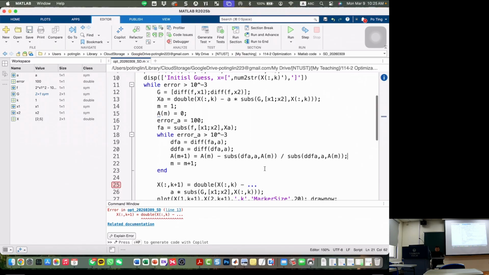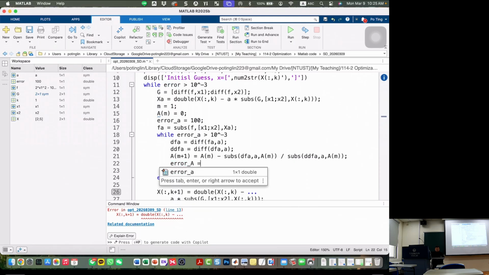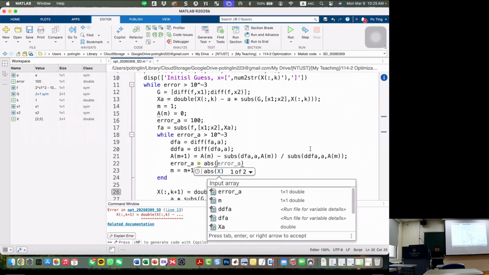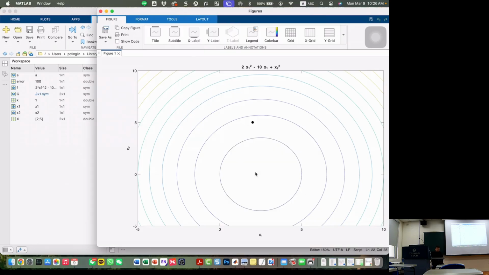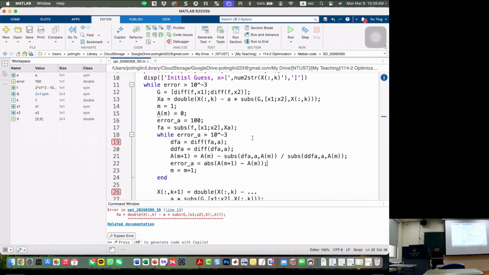Then I need to update the error. Error equals the absolute value of the difference between these two, right? Minus. Let's pause right there and see what happens. Okay, so if I run line 13.